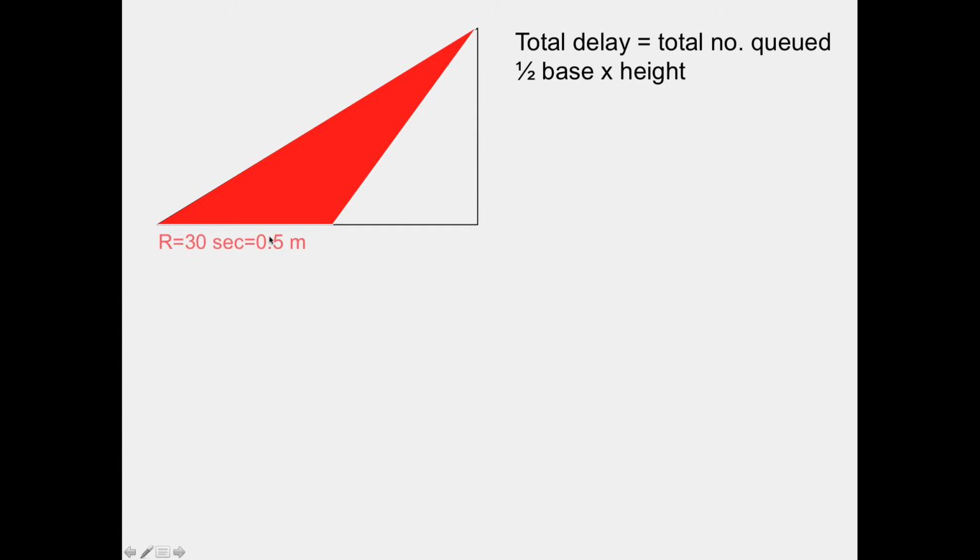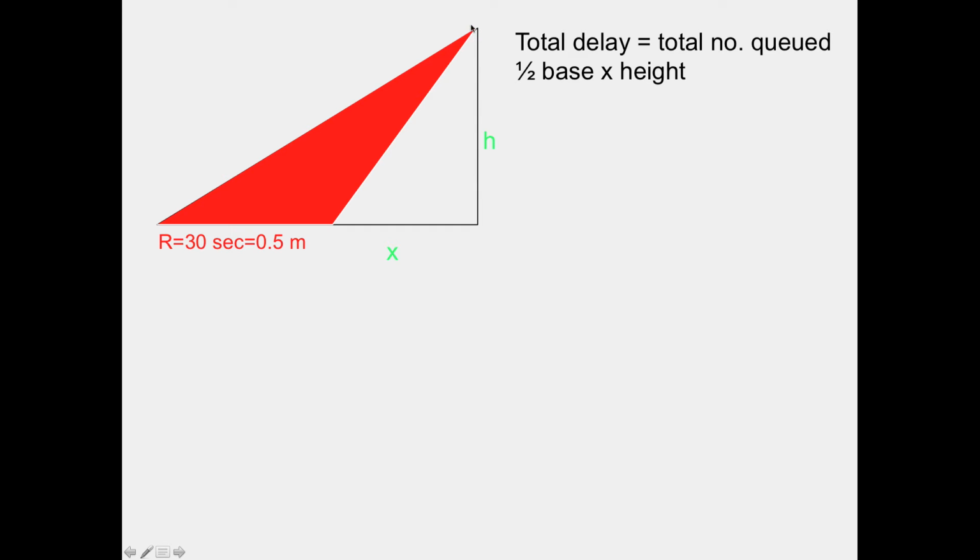Okay, some simple geometry. If we set out what the unknowns are, we've got 0.5, and then we've got an extra distance here from the end of red to the end of queuing, where the two curves meet again, okay?